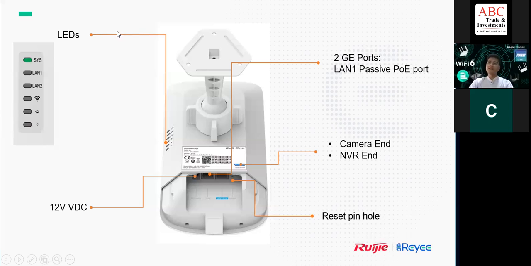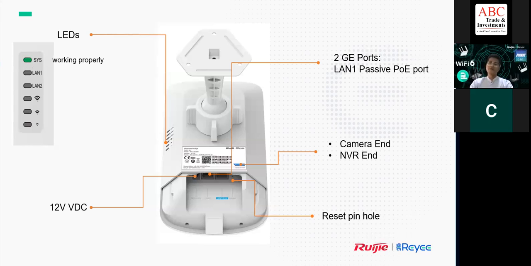And if you want to see the LED signal, you can also check here. So let's have a look at what our LED signal means. Let's start the show. If you see the lights blinking like this, it's booting. Another one, if you see the light like this, it's a reset scenario, reset time.